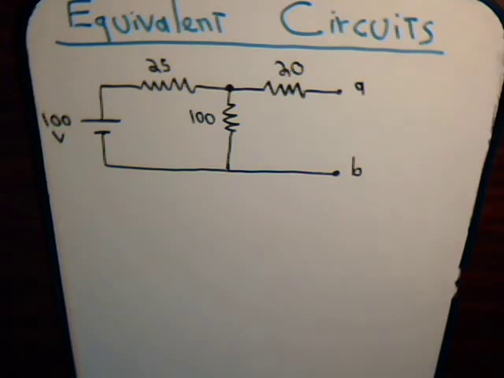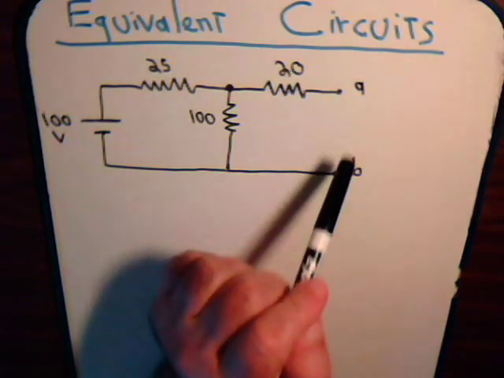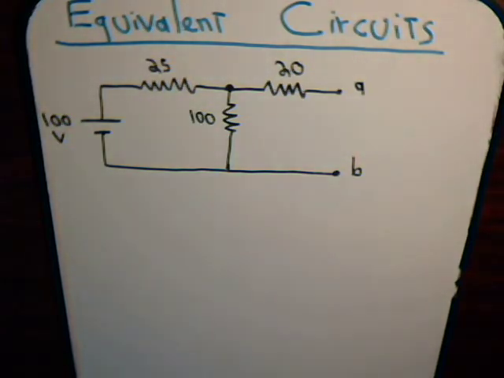Here's a simple question. If we took a potentiometer and measured the voltage across A and B, what reading would we get? In other words, what is the open circuit voltage?